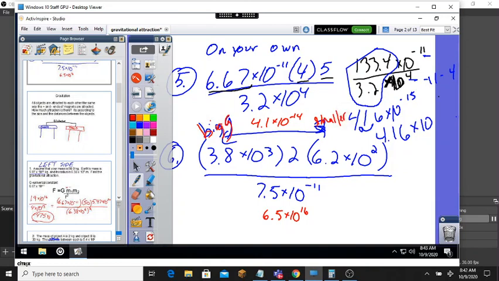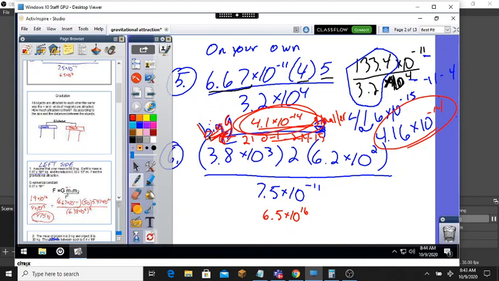Since we move the decimal to the left, we are going to get larger, right? So if this was at negative 15, if you move it to the left, the next number should be negative 14, right? And that's how we end up arriving at the same exact answer.